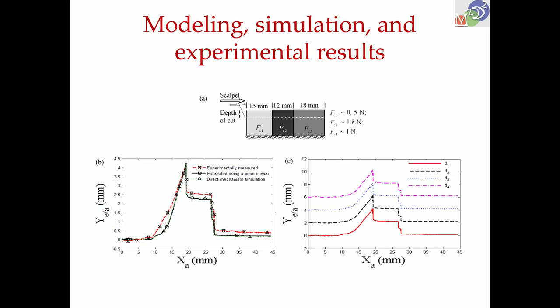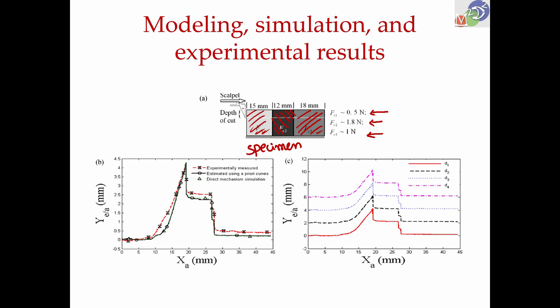So, based on this model, we have an experiment where there are different cutting forces required for an inhomogeneous specimen. Here is a specimen that was actually simulated and also made experimentally. There is this gray one that requires half a Newton cutting force, and then this black one requires 1.8 newtons, and then this darker grey one requires 1 Newton.